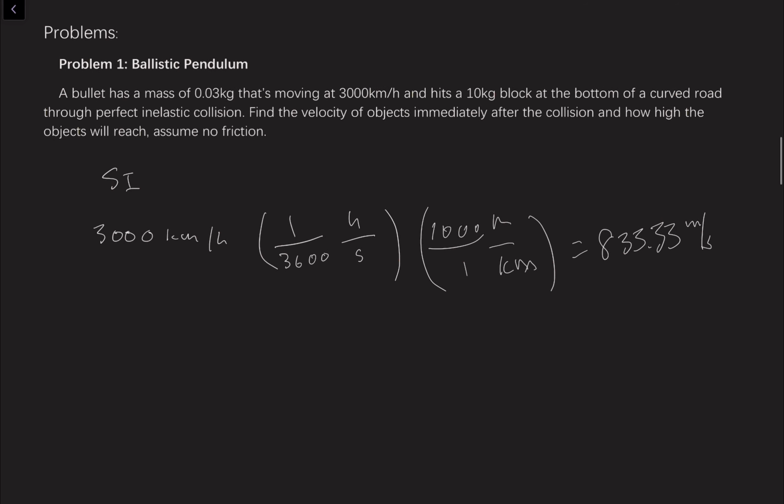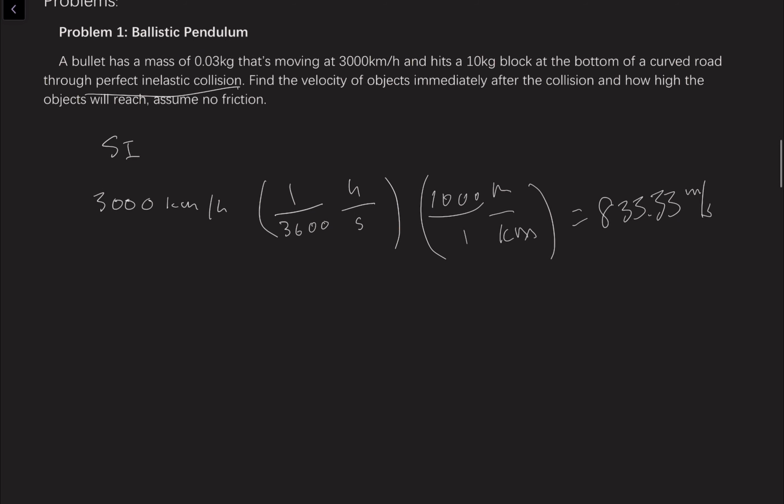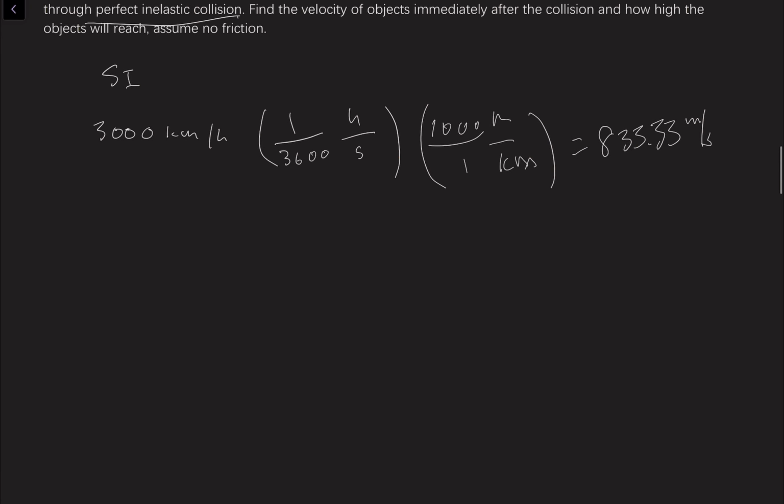Now we want to solve for the final velocity. Since it's a perfectly inelastic collision, we can set up our conservation of momentum equation. Initial momentum equals the final momentum. What does it mean? m1 v1 plus m2 v2 equals (m1 plus m2) times vf.